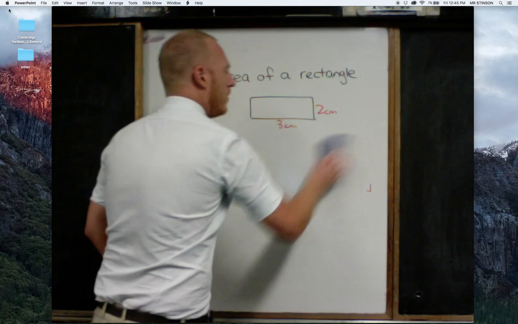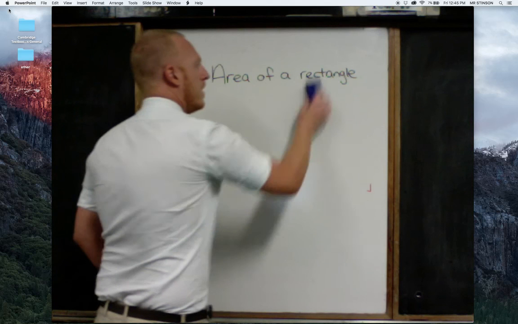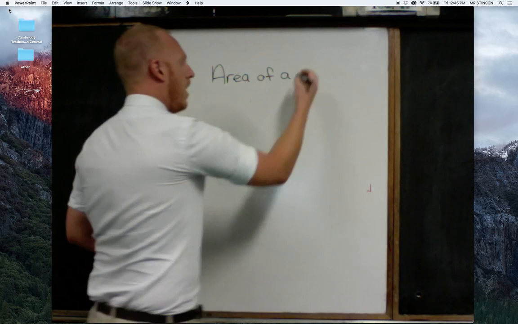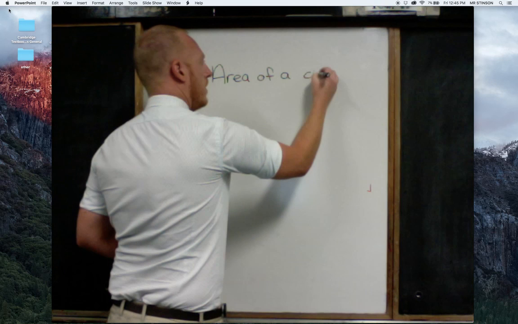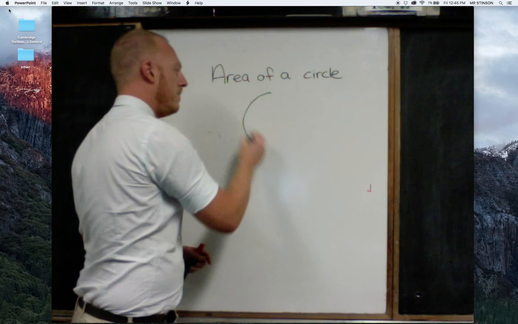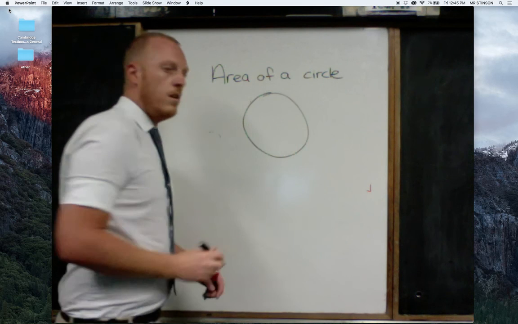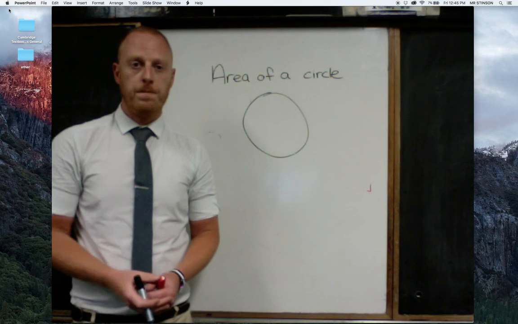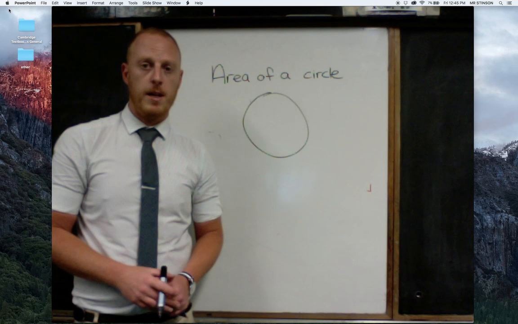Let's look at a whole new shape. What about the area of a circle? I'm going to draw a circle. As I said before, this is a whole new problem. Therefore, it will come with a whole new formula.